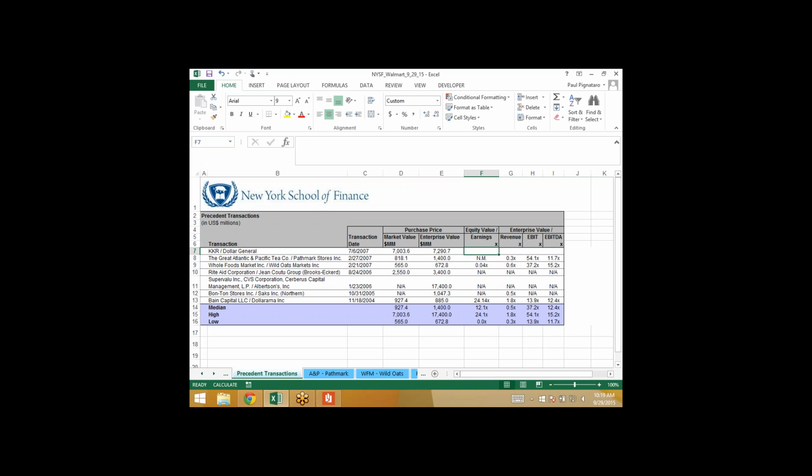That's it. And we use the market value and enterprise value numerators to calculate our metrics, but we need earnings, revenue, EBIT, EBITDA.